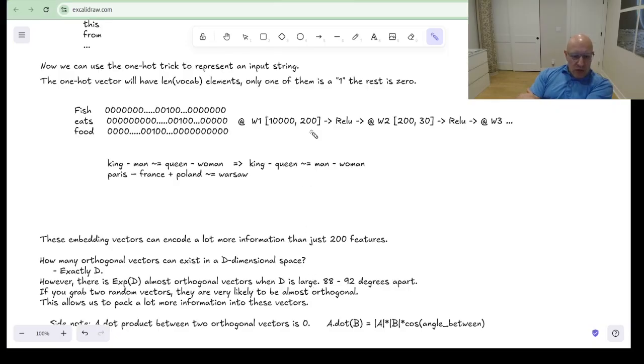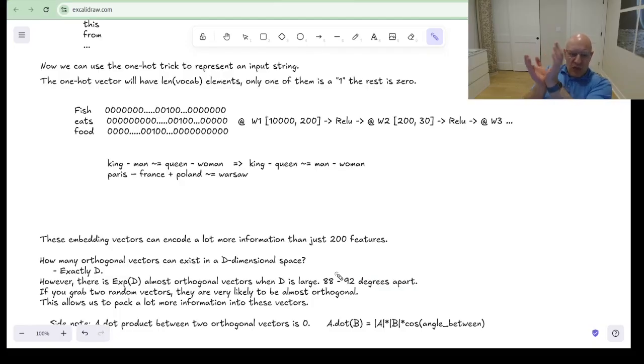But when you go to large dimensionality, like 200 or maybe 1,000 dimensions, then you can create many more than, let's say our dimensionality is 200, I can create many more than 200 almost orthogonal vectors. So vectors that are not 90 degrees apart, but maybe somewhere between 88 and 92 degrees apart. There will be a lot more vectors like that.